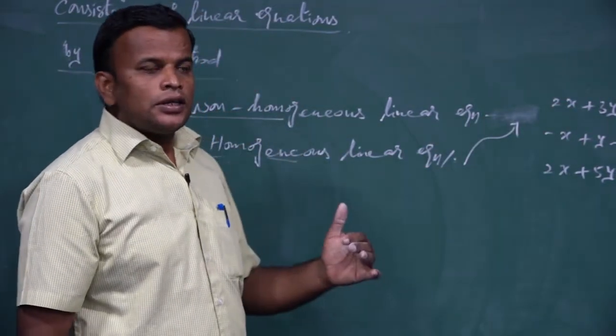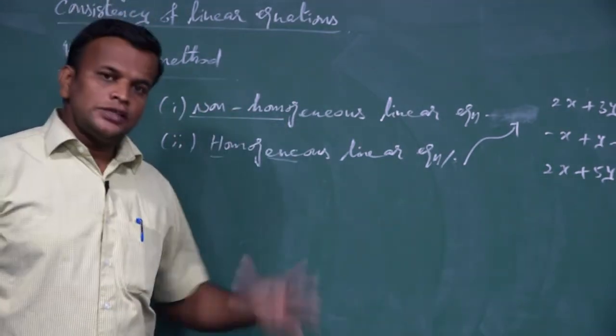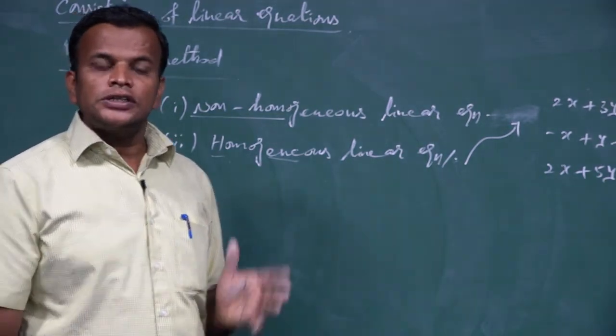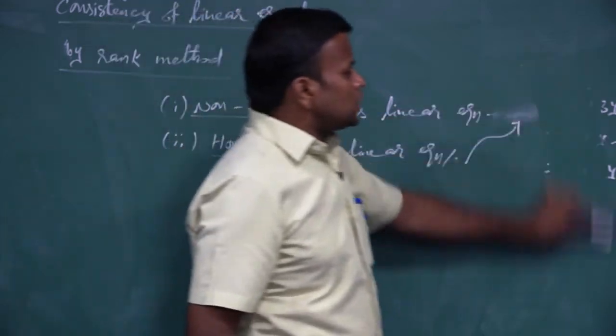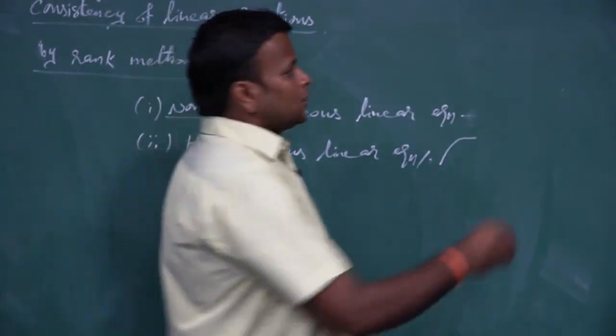Now we check whether it is possible to find the solution or not. It's easy. The first step: the given system of equations is converted into matrix form. The next step is to check the rank of both matrices. I'll give one example.